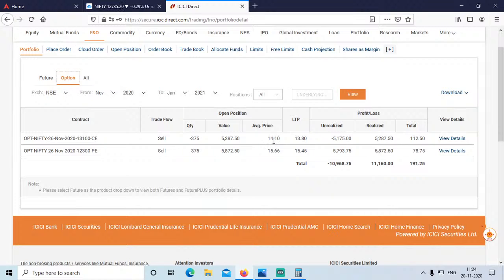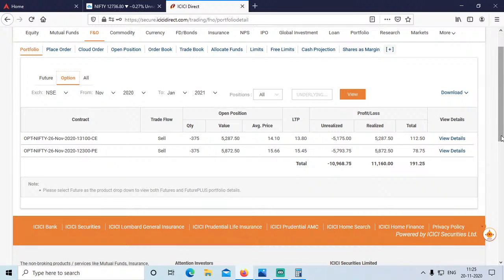We sold it at 14 rupees 10 paise, but currently it is trading at 13.80, which means this leg is giving 112 rupees profit. The second leg, the put option 12,300, we sold at an average price of 15.66, but the last trade price is 15.45, which means we are in a profit of 78.75. Together it is coming as 191.25 as profit.